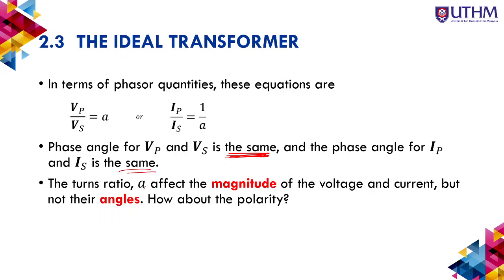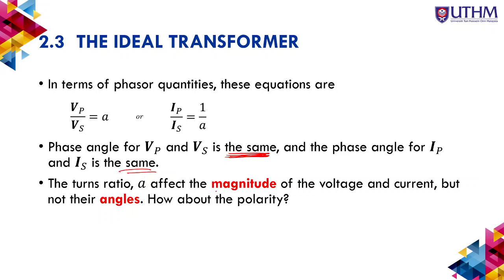So this means that the turn ratio affects only the magnitude, not the angle. Maybe we heard before about the power factor, the angle between the current and voltage. For the real situation it differs, but for the ideal it will be the same.